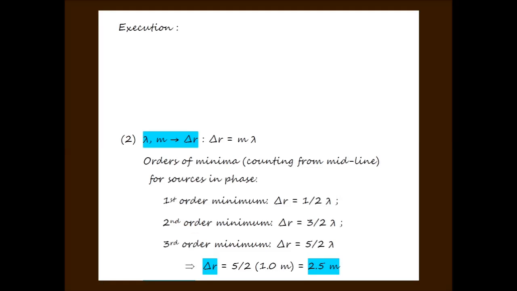The second order minimum corresponds to m is equal to 3/2, and the third order minimum corresponds to m is equal to 5/2. So, seeing that this is the minimum that we are required to find, we use m is equal to 5/2, and we find our value for delta r.